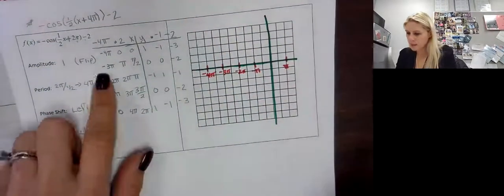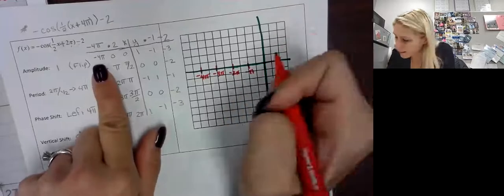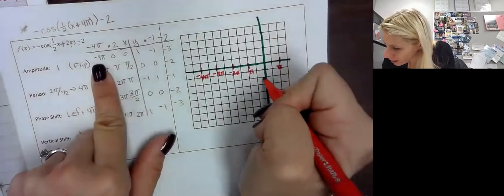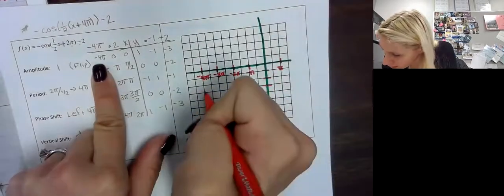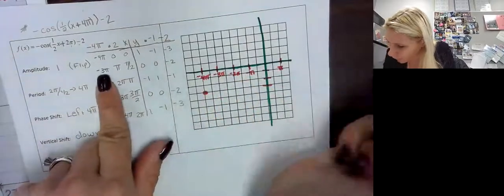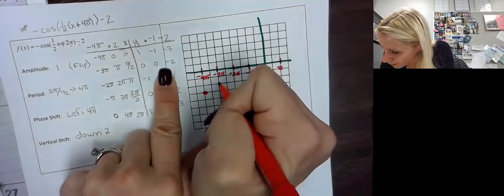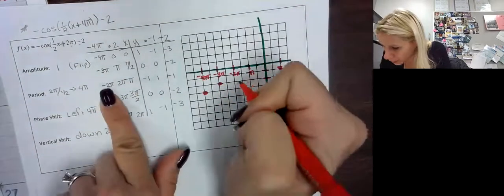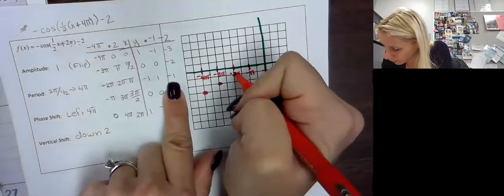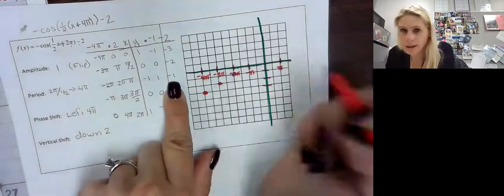Okay, now at negative 4 pi, I'm at negative 3. 1, 2, 3. At negative 3 pi, I'm at negative 2. At negative 2 pi, I'm at negative 1. Oops, it's right on there.